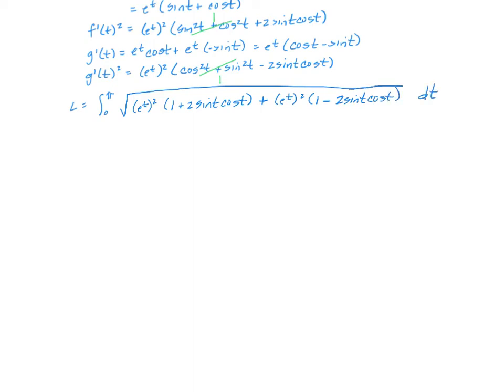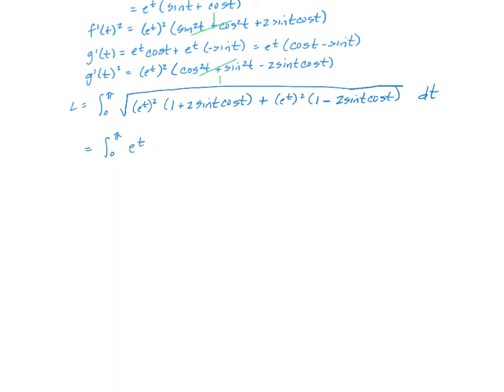So you see in each one of those terms I could factor out the e to the t squared, and then the e to the t squared and the square root would cancel. This becomes the integral of e to the t.